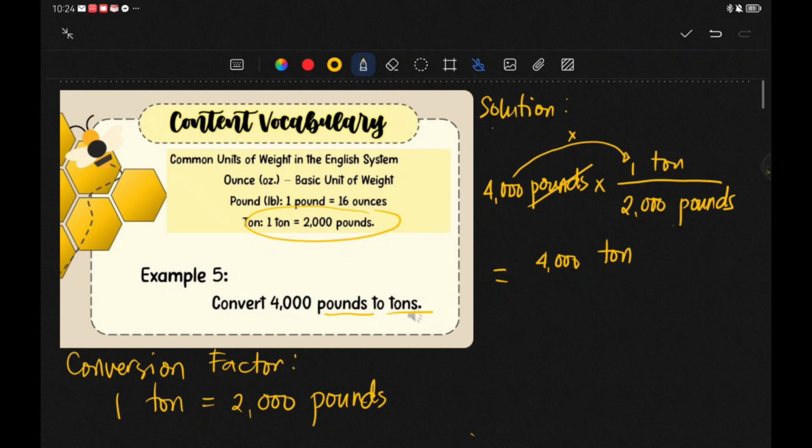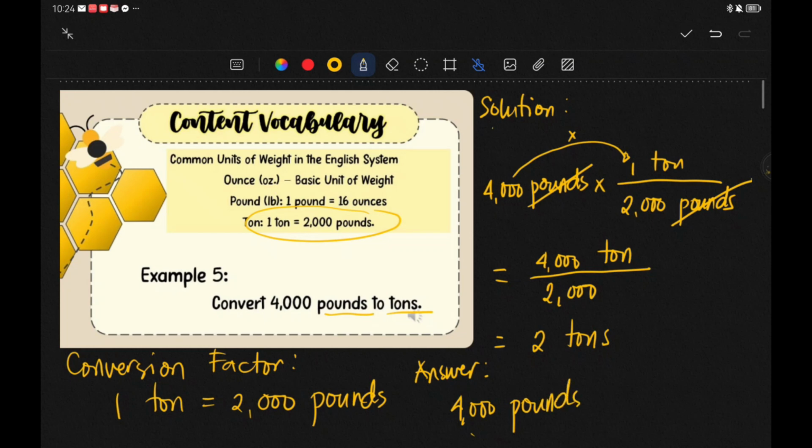Cancel out pounds. What remains is 2,000. 4,000 divided by 2,000, that is 2. So the answer is 2 tons. Therefore, 4,000 pounds is equal to 2 tons.